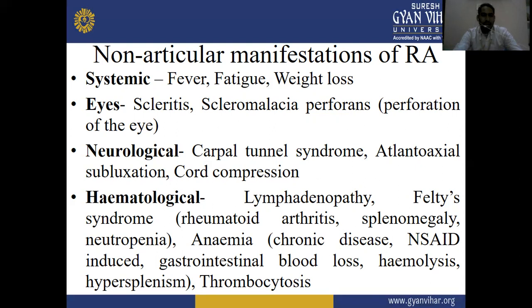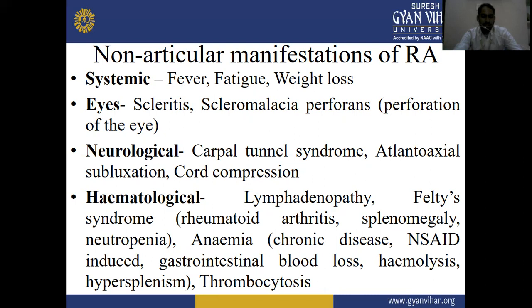Next one is hematological non-articular manifestations of rheumatoid arthritis. Lymphadenopathy. Lymph nodes are immune system glands that usually enlarge in response to bacterial and viral infections, but sudden swelling of many lymph nodes may indicate cancers. And Felty syndrome.